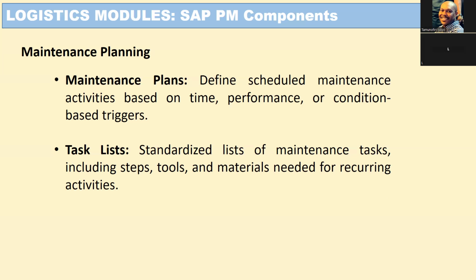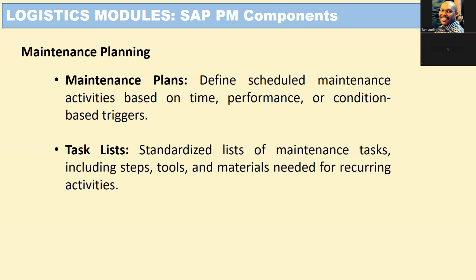Of course, when we talked about master data being one of the core components of transactions, those are the master data which you need on the system to be able to carry out those transactions or maintenance tasks.